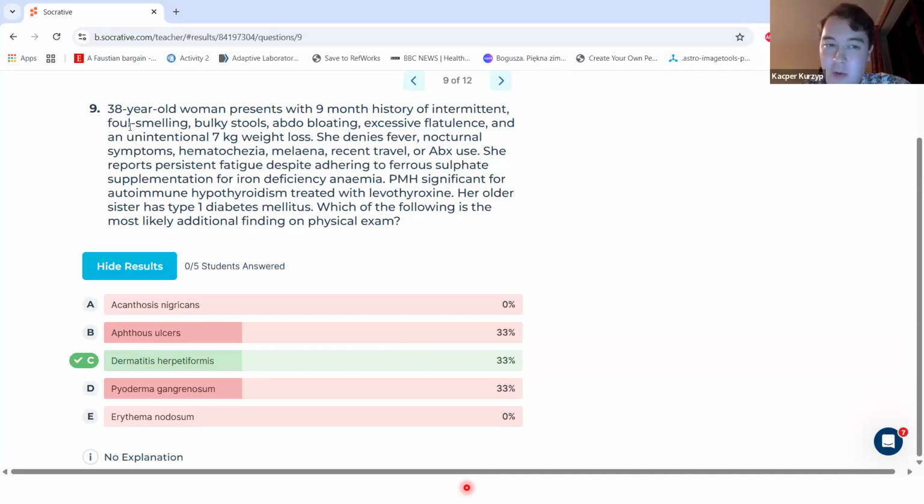I guess the stool being foul smelling and bulky, and the bloating with flatulence, is not exactly the kind of diarrhea with blood and mucus that you see in inflammatory disease. I hope that's somewhat helpful. One thing I could help with: what bloods would you do?